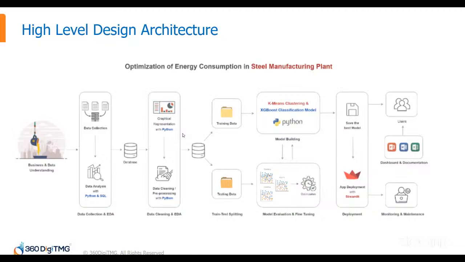After cleaning the data, we store it back in the database again. We then proceed with the model building and evaluation. For that, we split data into training and testing. And then the final stage is model deployment. For that, we choose the best model, and we deploy that model using the Streamlit framework.